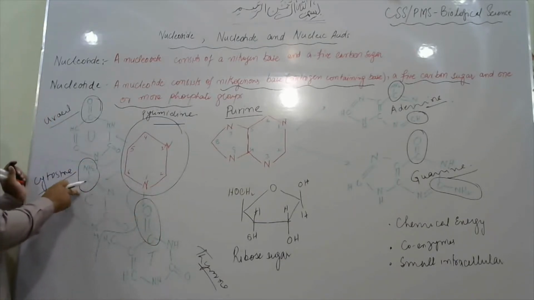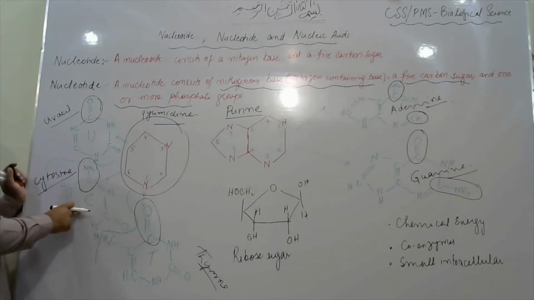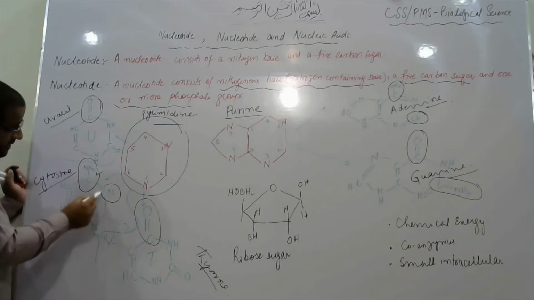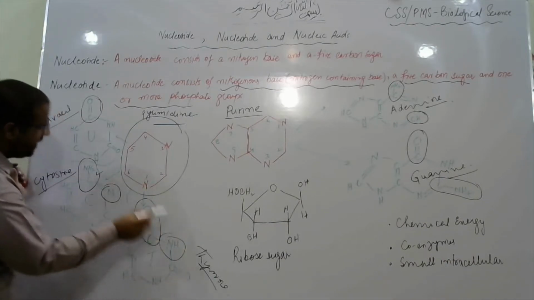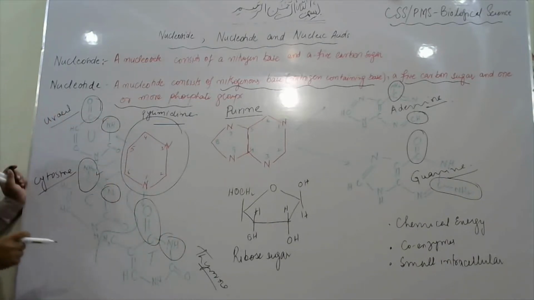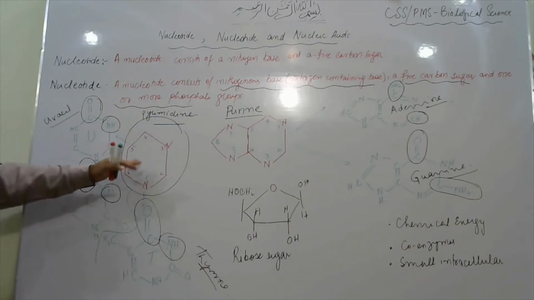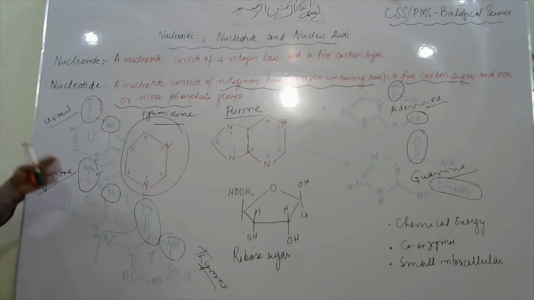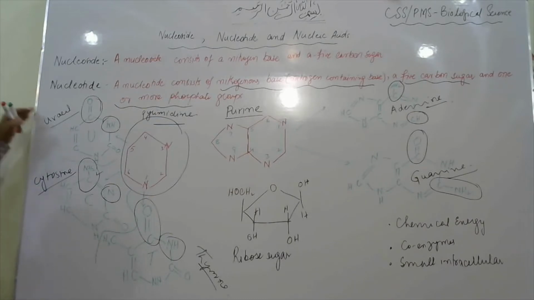So there is a difference at the first position. There is nitrogen only, nitrogen with hydrogen, and again nitrogen with hydrogen. So there are minute differences between all three bases. Pyrimidines have three types of bases: uracil, cytosine, and thymine. We need to know that these bases are complementary to each other while bonding, and we are going to discuss that in detail. So these are the bases.